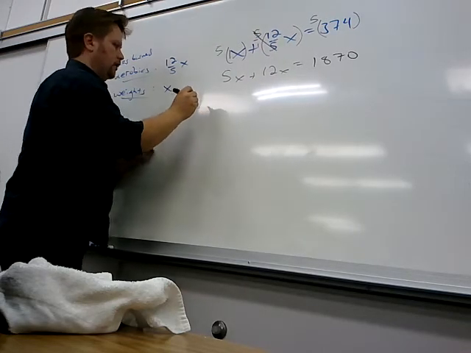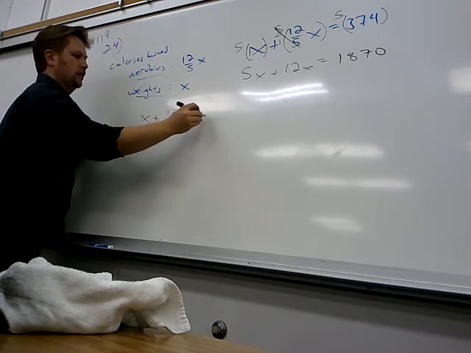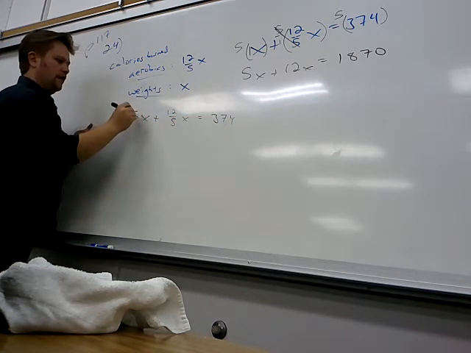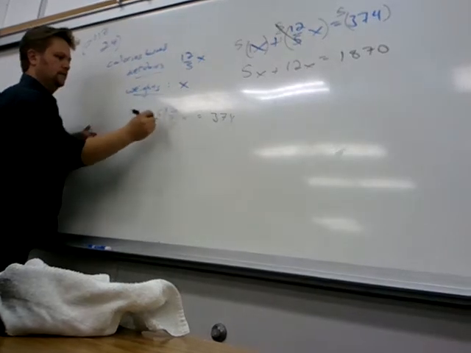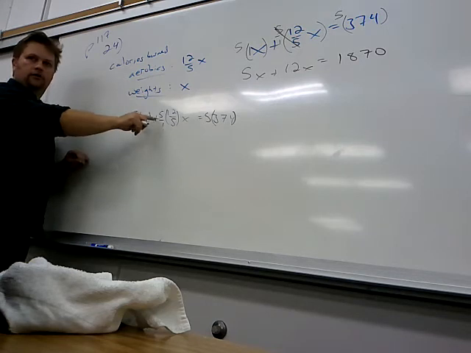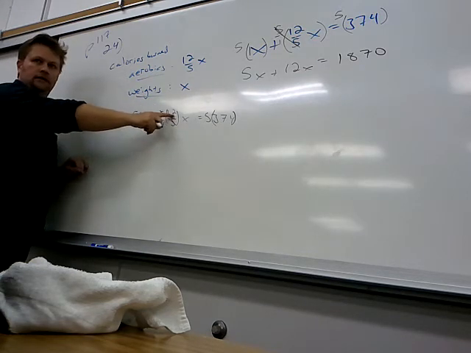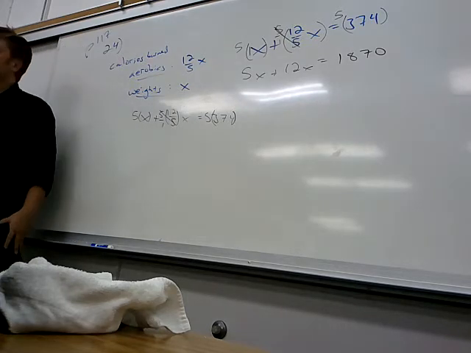If I really want to write this out a little better, you can leave yourself some room. 5 times this, 5 times this, and then 5 times that. And you reduce. Or 5 times 12 is 60, divided by 5 is 12, because the 5 goes away.